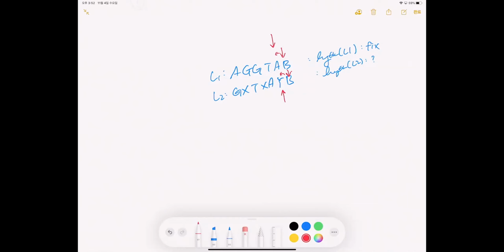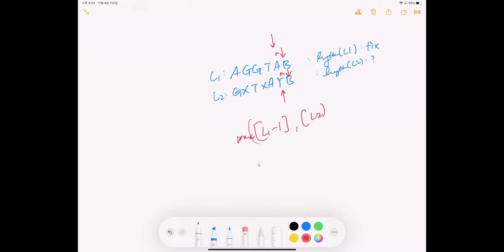And if the values at the last position are not equal, then compute the max of the matrix values, it's really hard to explain, but i minus 1 comma j and i comma j minus 1. Okay, so the left side and the upper side. Yeah, L1 minus 1, then L2.